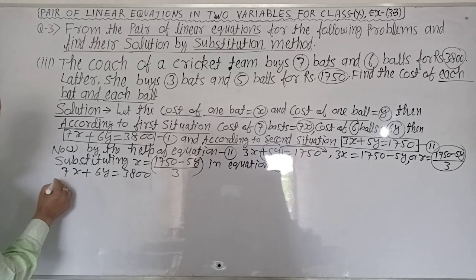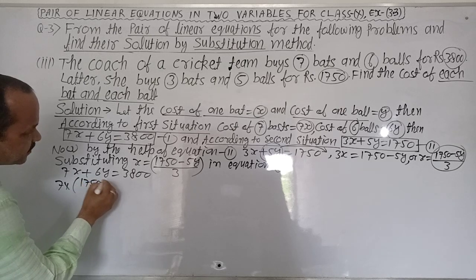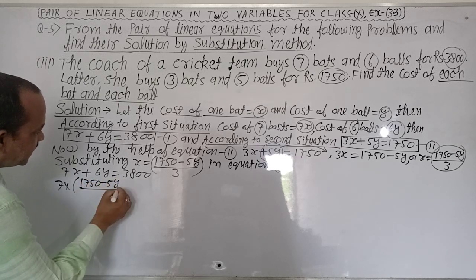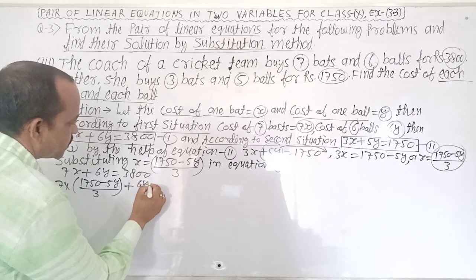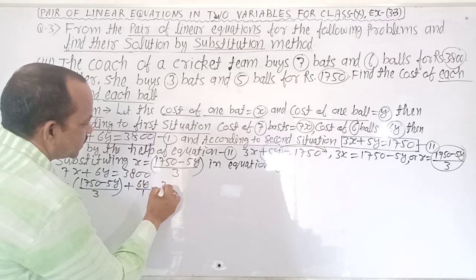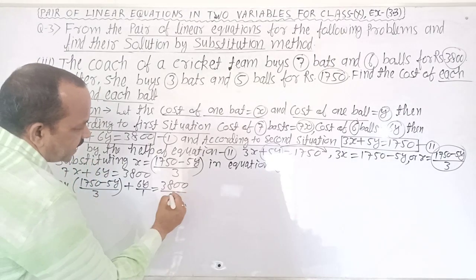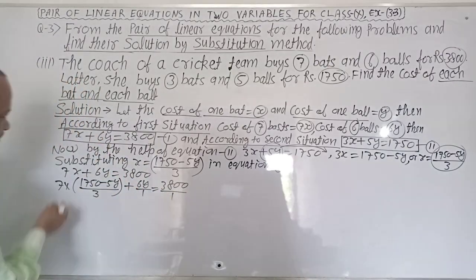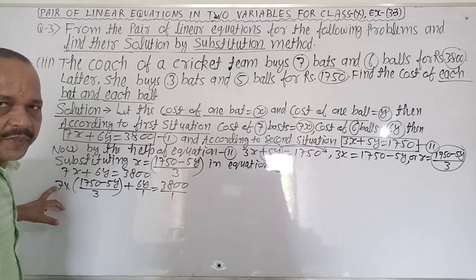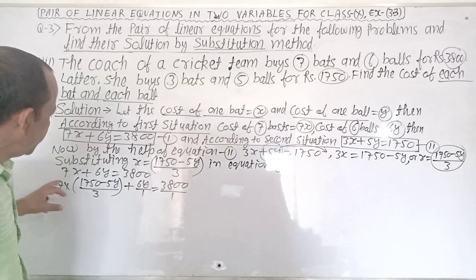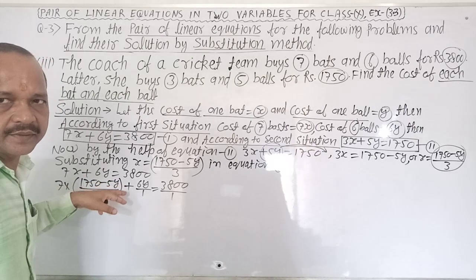Here it becomes 7 multiply (1750 minus 5y) by 3 plus 6y by 1 equal to 3800. You can write it by 1. Clear? Here you multiply by 7, you multiply 7 and 1750 minus 5y. Clear?